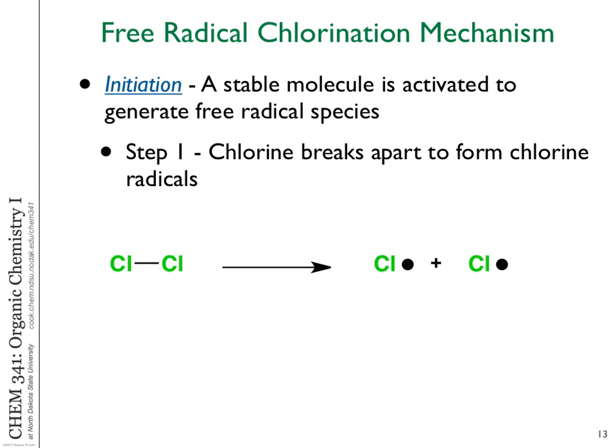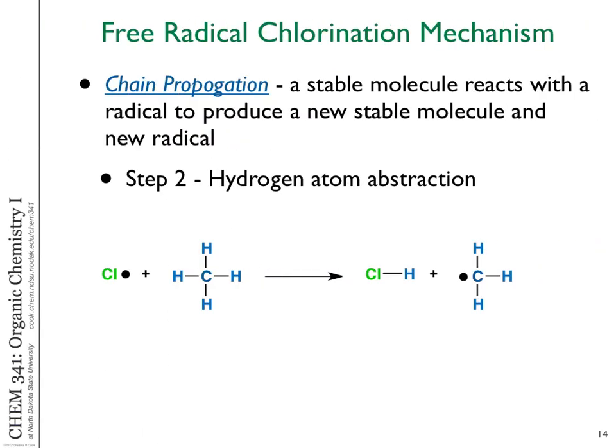Then what happens? Once you generate a reactive chlorine radical, how do we get the substitution on the alkane? Well, the process occurs by propagation steps. That is, we react a reactive radical, this chlorine radical, with a stable molecule with no radicals, and you can imagine that chlorine pulling off a hydrogen with one electron.